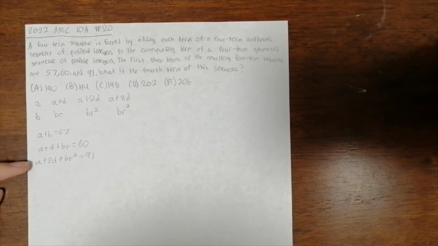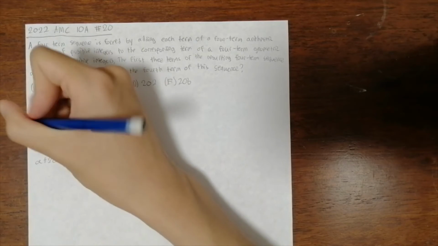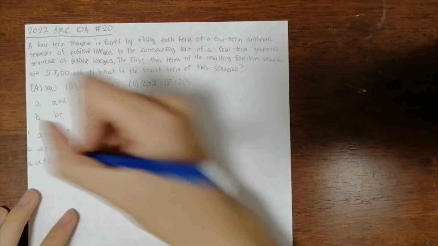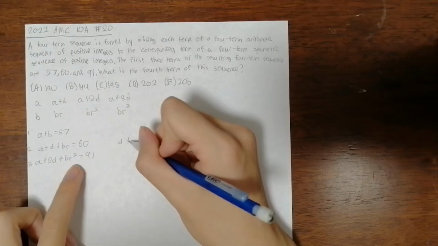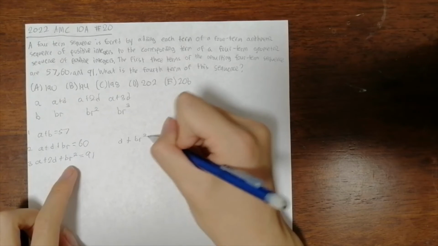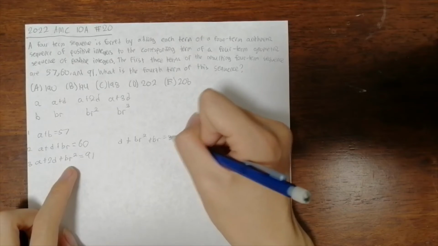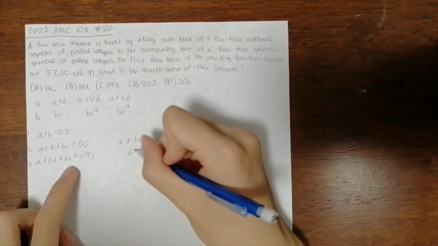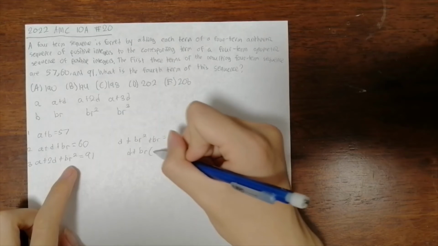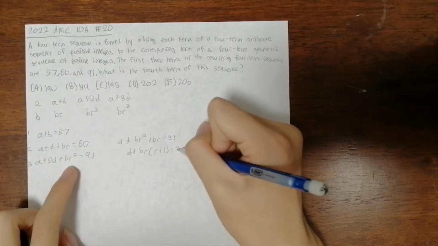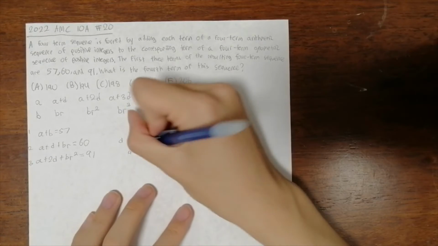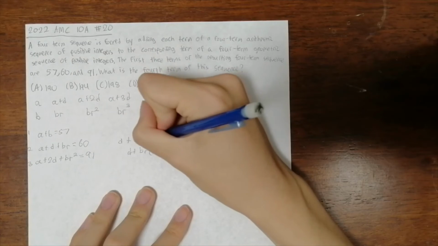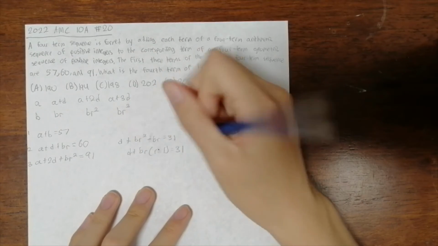Let's subtract the second and third equations. The a's cancel out, and we get d plus br squared minus br equals 31. I'll factor out the br, so br times r minus 1 plus d equals 31.